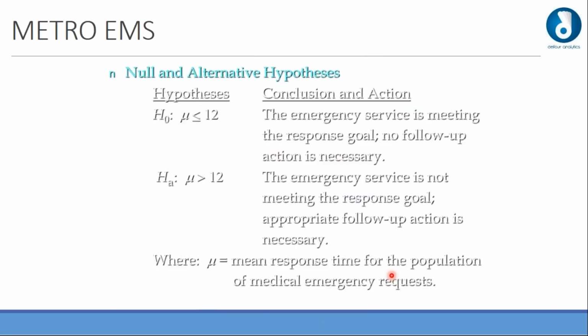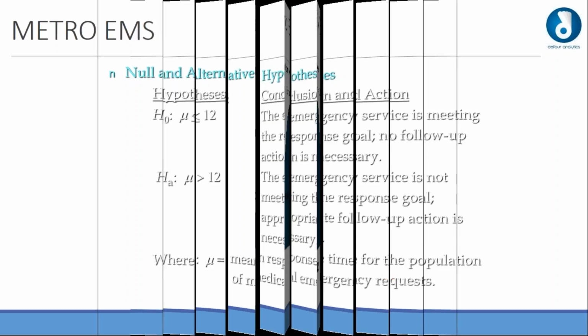Moving ahead with our Metro EMS example, let us recall the hypotheses we made. Our null hypothesis was that the emergency service of this hospital is meeting the goal, that is, they are sending ambulances to patients within the stipulated time of 12 minutes or less.